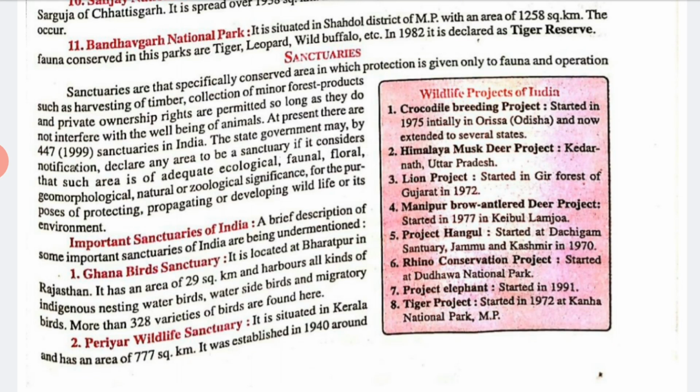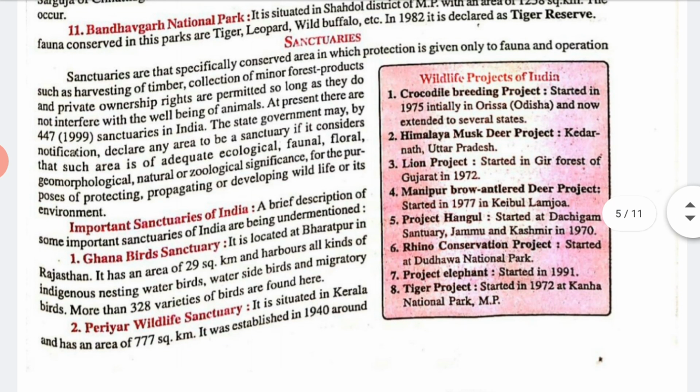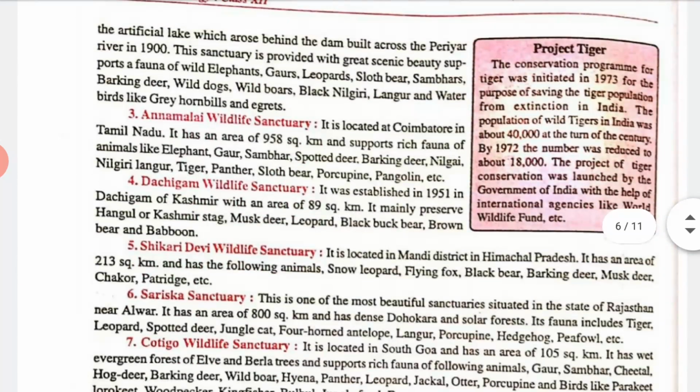So in this way, we have some important sanctuaries of India like Ghana Bird Sanctuary, Periyar Wildlife Sanctuary, Anamalai Wildlife Sanctuary, which is located in Coimbatore in Tamil Nadu, as you can see described here.